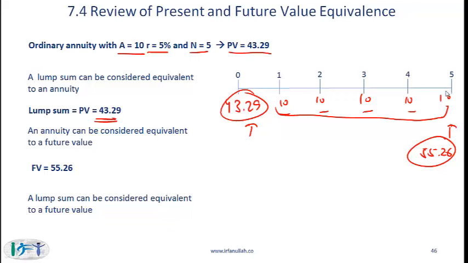So that means that 43.29 and 55.26, so this money at the end of 5 years, 43.29 at time 0, these two numbers are also equivalent given a rate of 5%. So a lump sum can be considered equivalent to a future value.